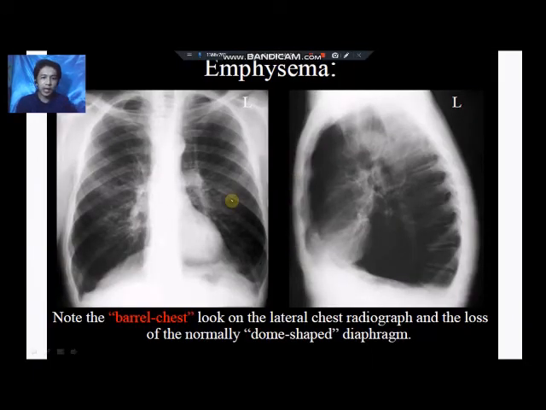So again, this is related to COPD. Okay, so this patient has emphysema. As you can observe, the lung fields of the patient are very black, very lucent.